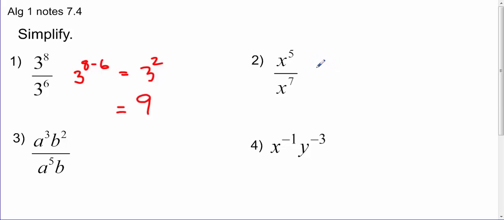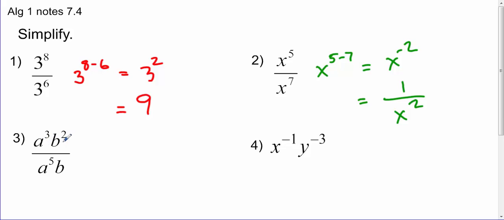We follow the same process, find the difference of the exponents, so that would be x to the 5 minus 7, or x to the negative 2. And we don't like those negative exponents, so we will move it to the denominator and we'll have 1 over x squared.